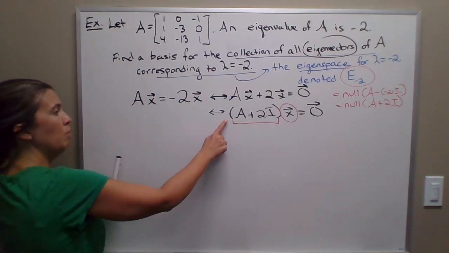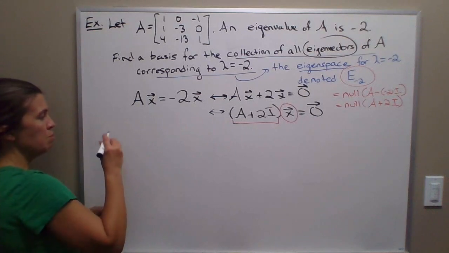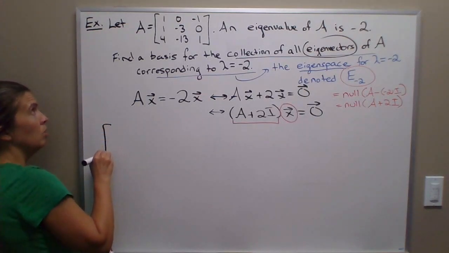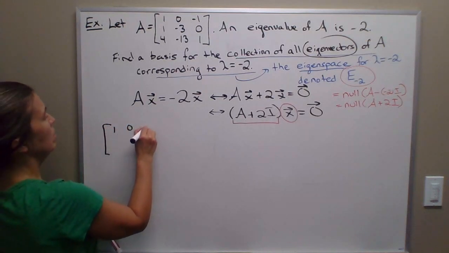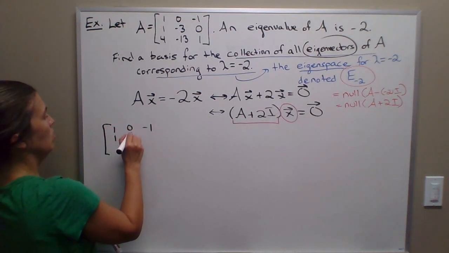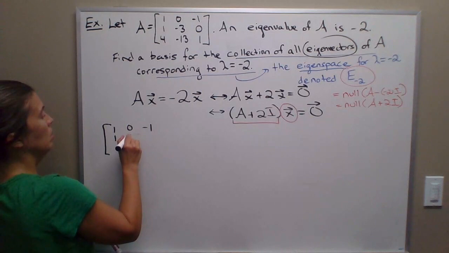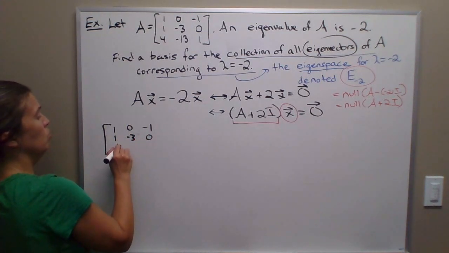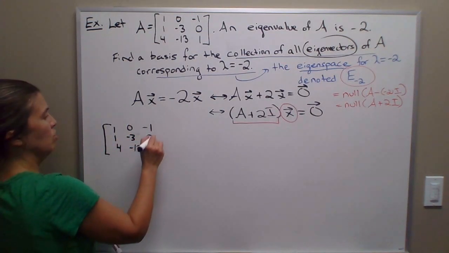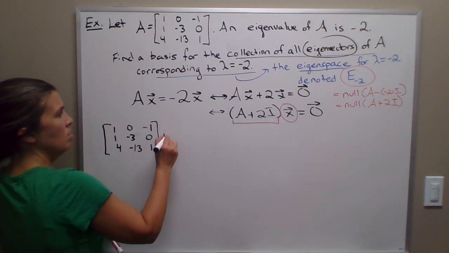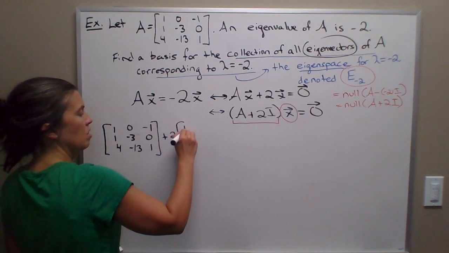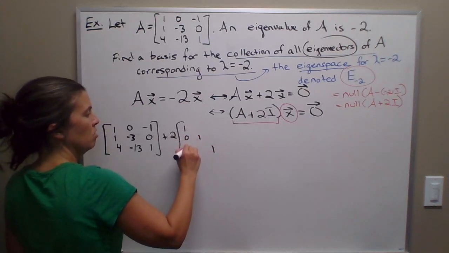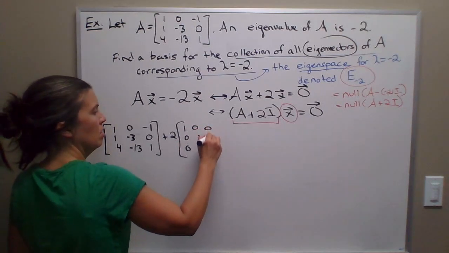Okay, so then what we need to do is form this matrix A plus 2I. So here's your matrix A. Make sure I copy it correctly. 1, -3, 0, 4, -13, 1. Plus 2 times the 3 by 3 identity matrix, which is this.